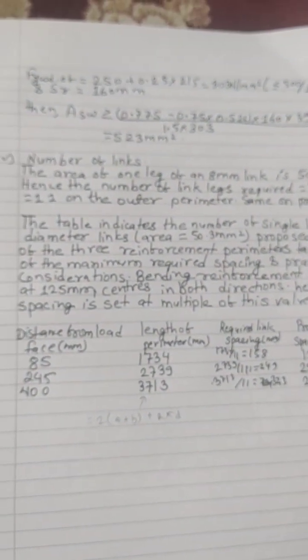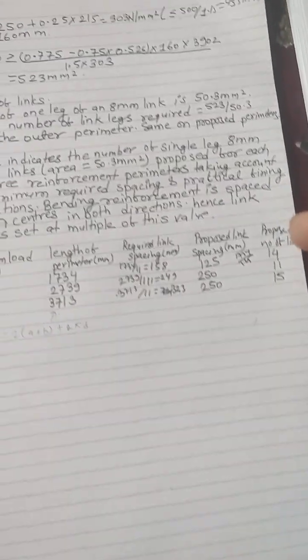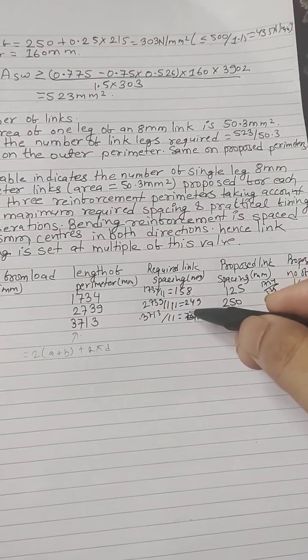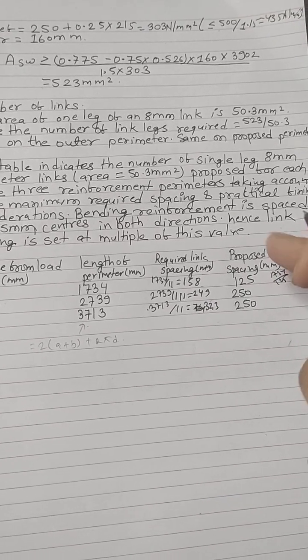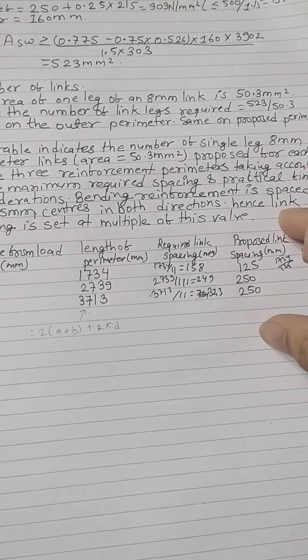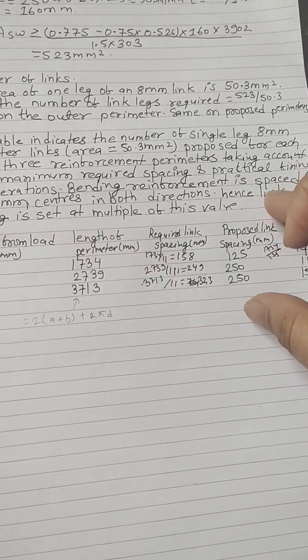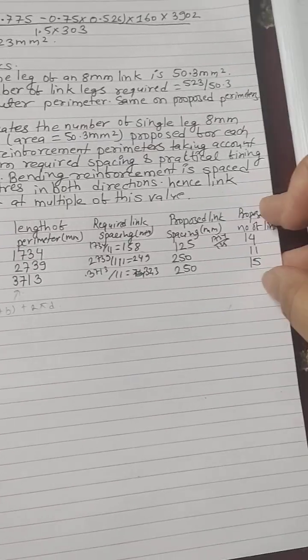That means we have considered a required spacing of 158, and 1734 divided by 11, and we propose the spacing of 125, 250, 200, 250. We assume it should be within the limit of 323.